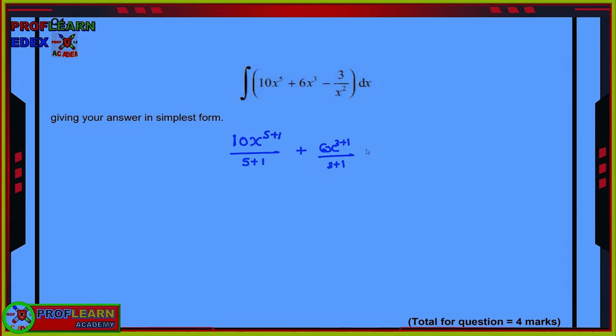And this expression that we are having here, minus 3 over x squared, can be written as 3x^(-2), so that we are going to as well increase the power by 1, and then we shall also divide by minus 2 plus 1. So this one is going to reduce, and you need to simplify your answer.